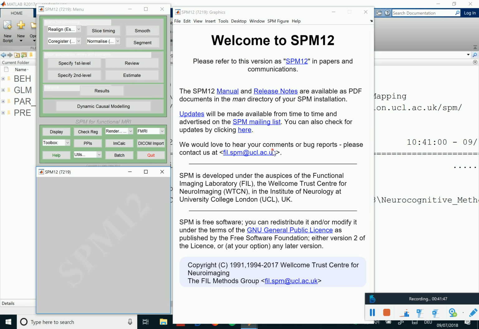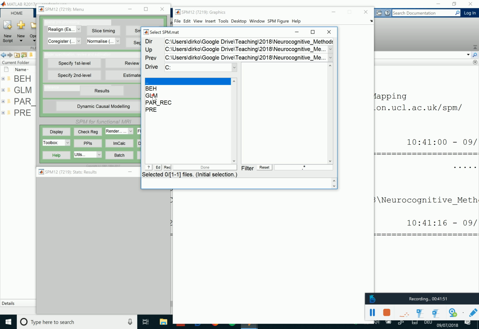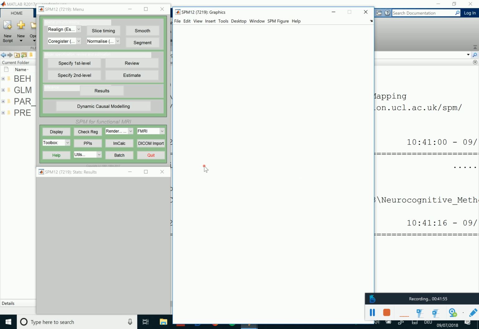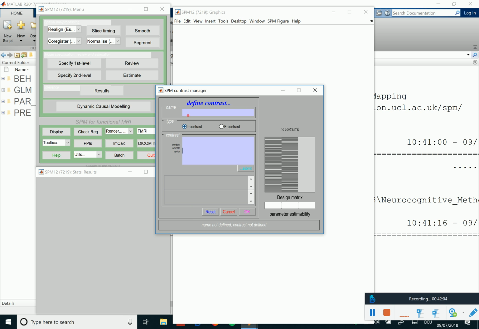So now we have estimated it, then we can define, for example, a T contrast. So let's define a new contrast. Let's call this S1, S2 larger than baseline, for which we say 1, 1. So this is our contrast weight vector: 1 for this, 1 for this.